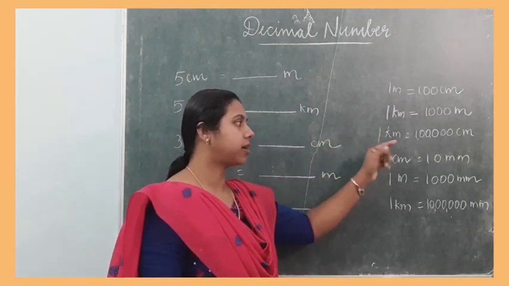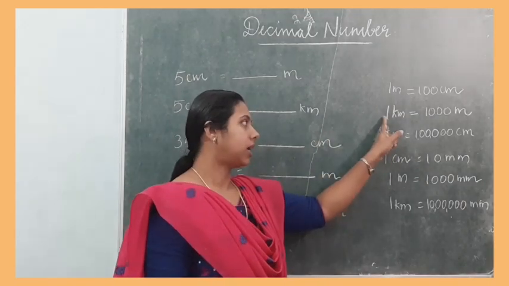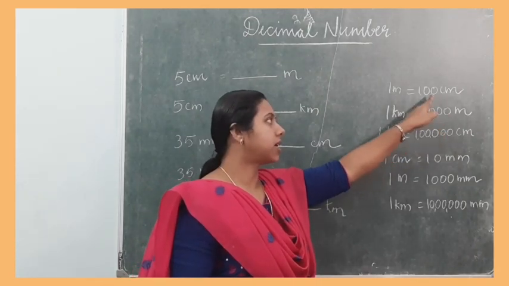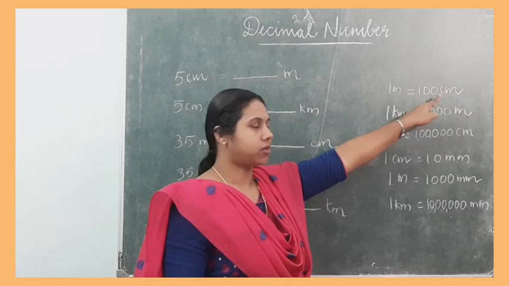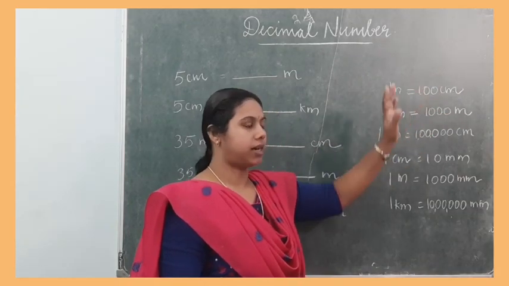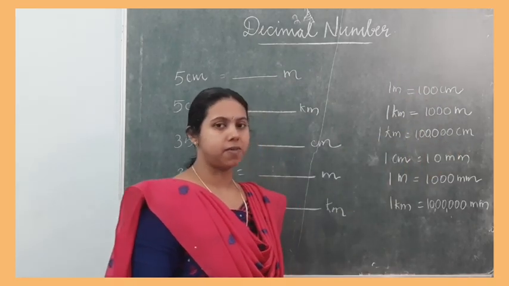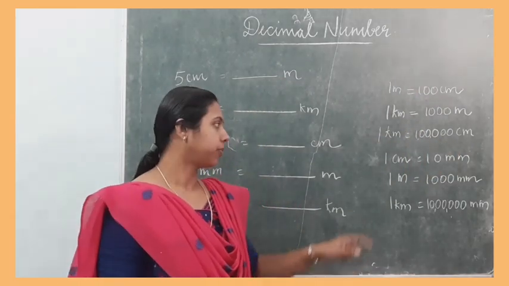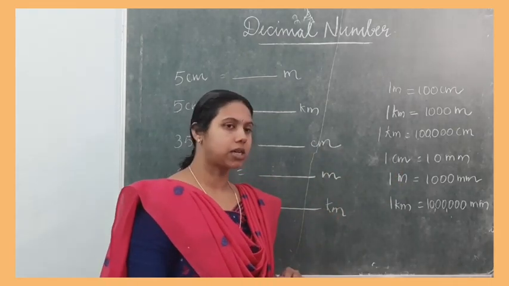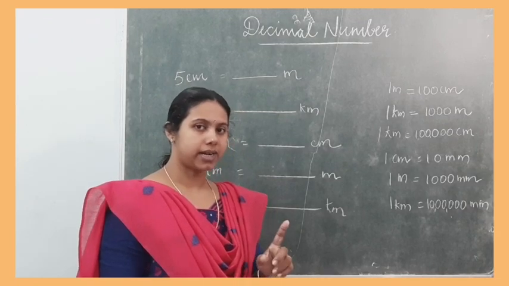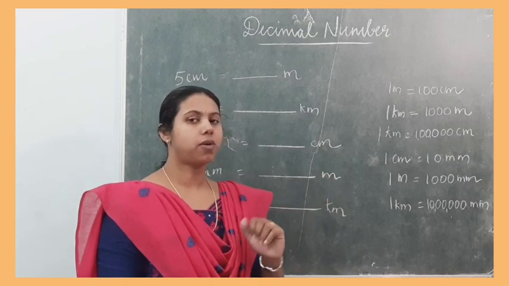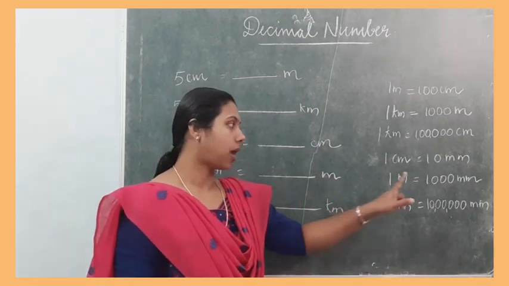Then 1 kilometer is equal to how many centimeters? 1000 meter into 100, that is 1 lakh centimeter. 1 centimeter equals 10 millimeter, so 1 meter, which is 100 centimeter, is 100 into 10, 1000 millimeter.